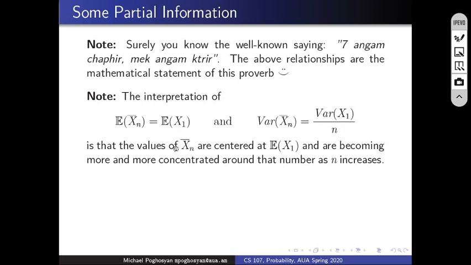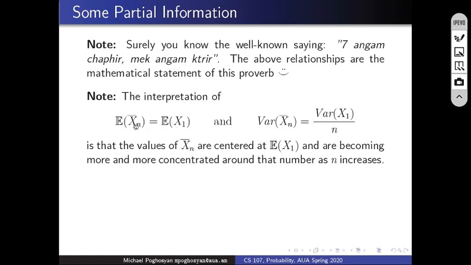The values of x1 are around the expected value of x1, because this is the mean of x1, and the variance is the variance of x1. x2 is again around this with the same variance, etc.